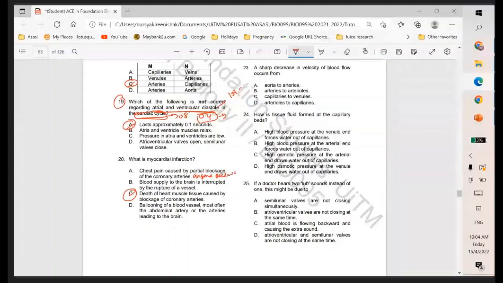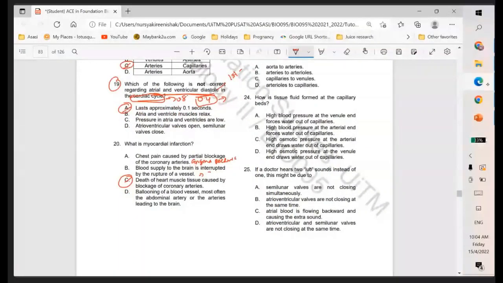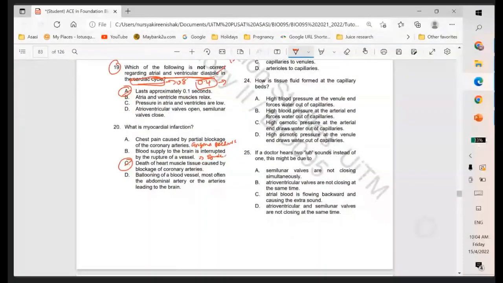B, supply interrupted. Okay, ini stroke. Okay, betul lah. Yang D tu kita tak ada sentuh kan? In our syllabus.